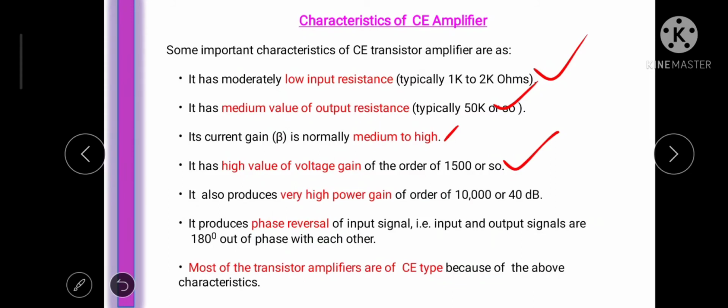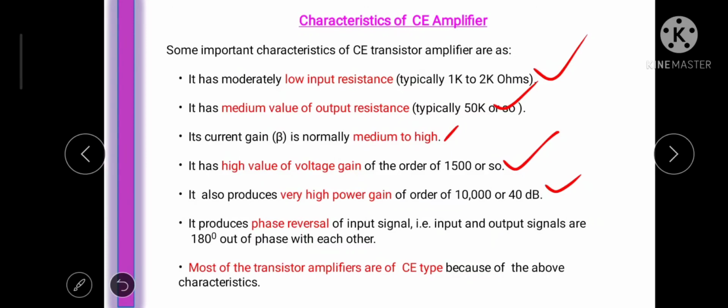This amplifier produces very high power gain, of the order of 10 thousand, or we can say 40 dB. Actually, this power gain is nothing but the multiplication of current gain and voltage gain. As discussed above, the current gain is high and the voltage gain is also high. We can say the product of these two gains is of course very high.